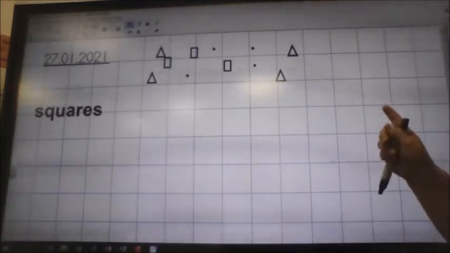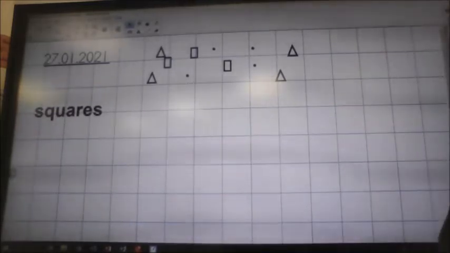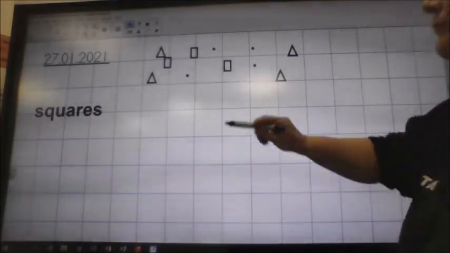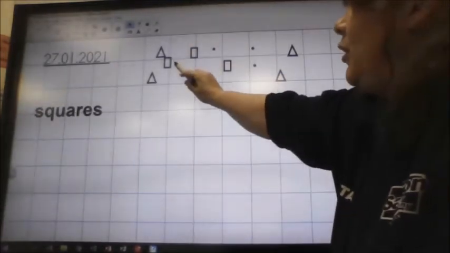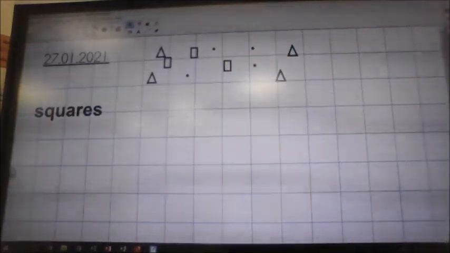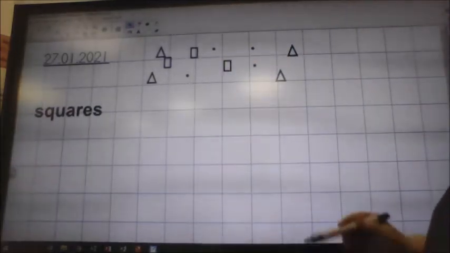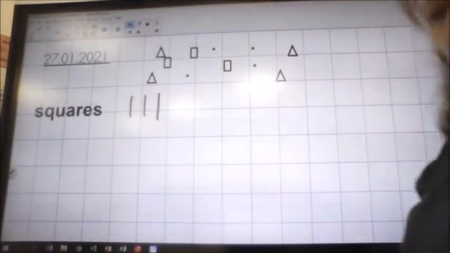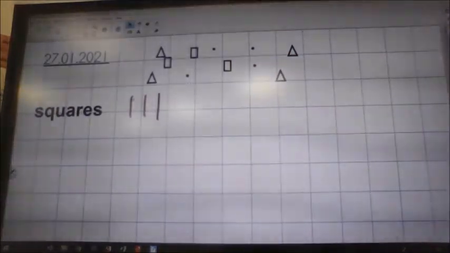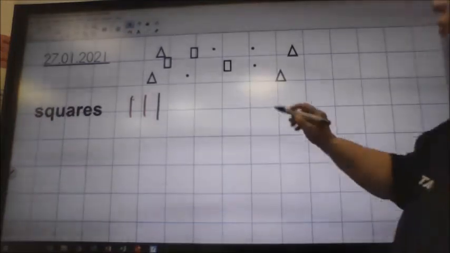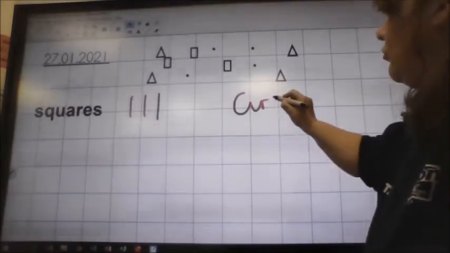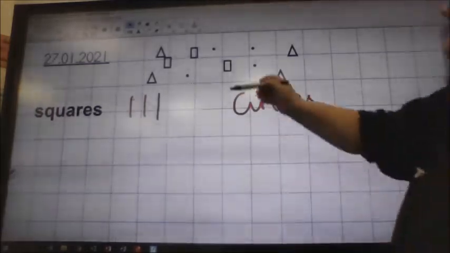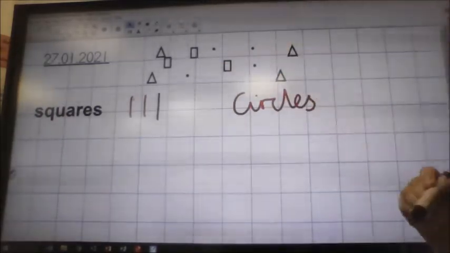So if I was counting this and I was looking at a tally chart, the tally marks, okay? So I've got my squares here, 1, 2, 3. So if I was recording that on my chart, I would go 1, 2, 3, just like that, okay? Now, circles, so if I write circles here, I've got 1, 2, 3, 4.